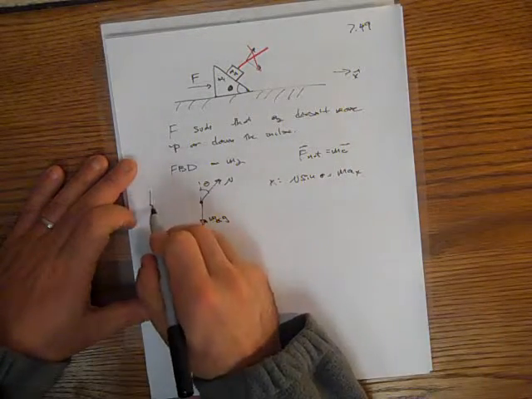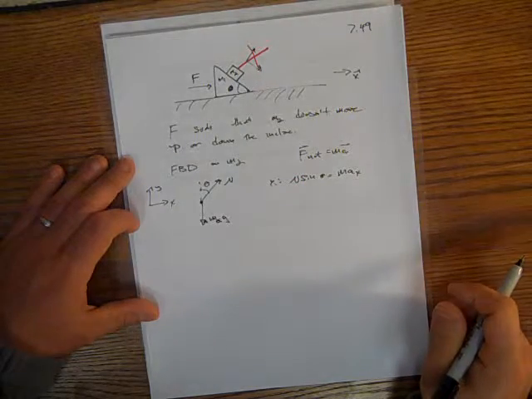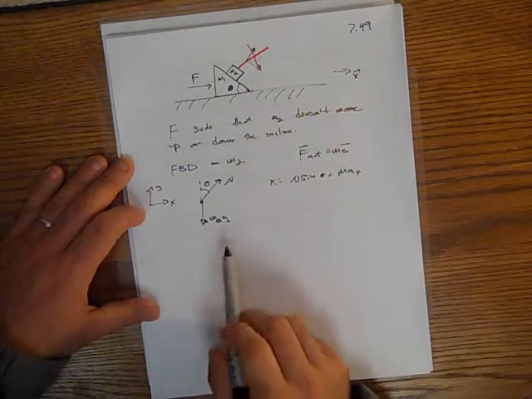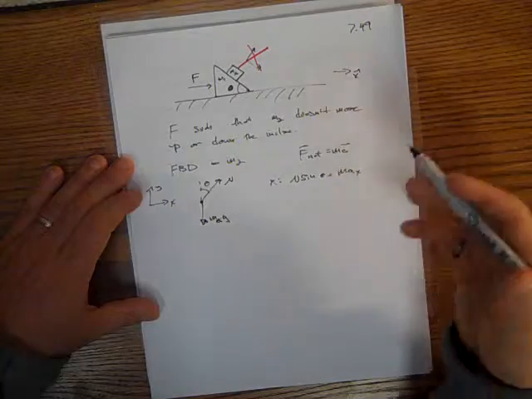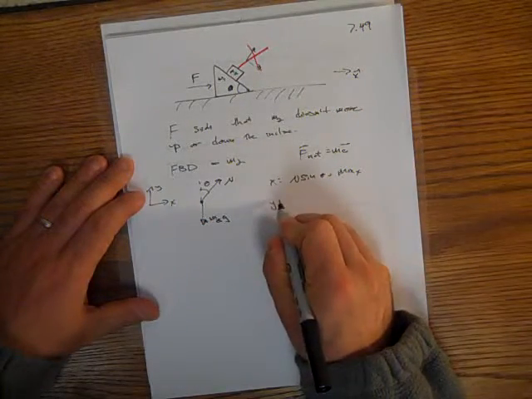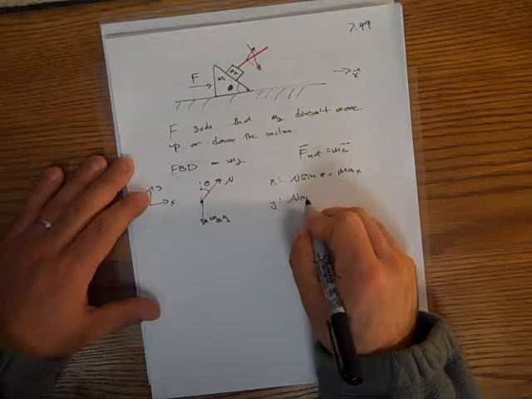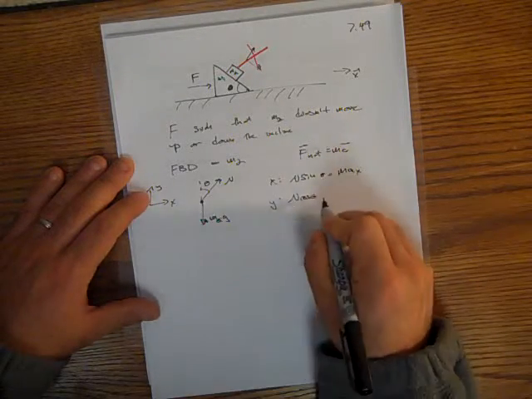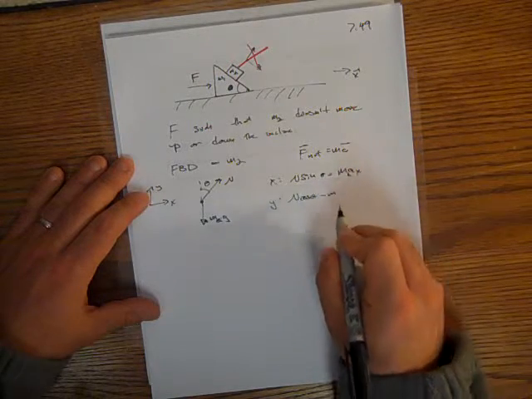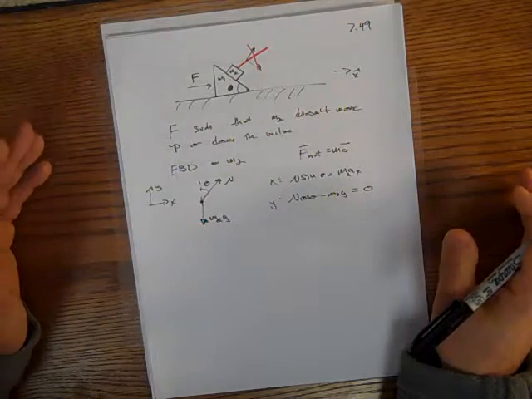And just to make it clear, I'm keeping my coordinate systems just like this. The reason is that the condition that the mass doesn't move up and down the incline is to say that in the y direction, when I add up the sum of the forces, N cosine theta minus m2g is 0.